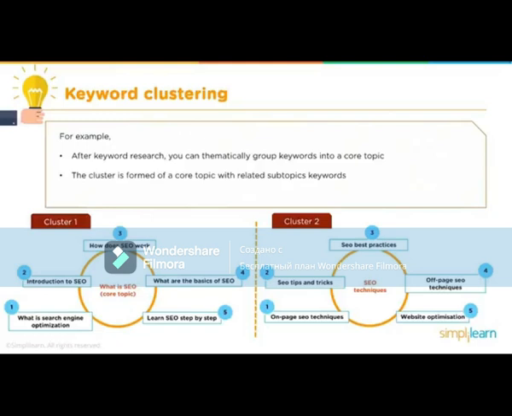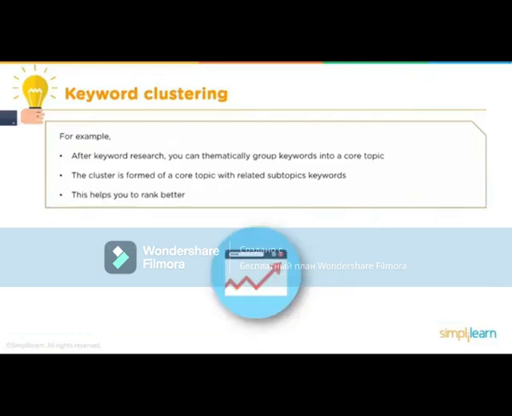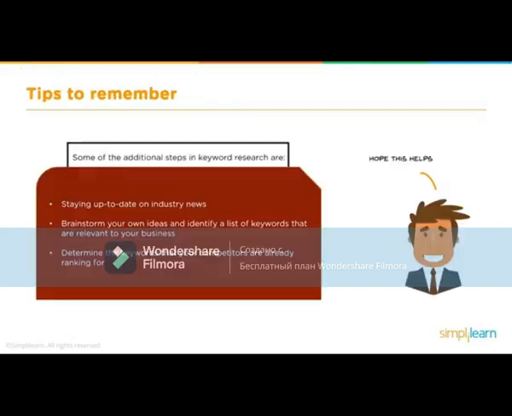Another cluster of keywords, for example, could be SEO techniques, SEO best practices, tips and tricks, website optimization, on-page SEO techniques, etc. So those are clusters of keywords that we can group together in themes. And if we group keywords together in themes, we can apply that to a particular content on our website. So the whole idea behind clustering keywords is it's going to provide more diversity, more of an opportunity for us to be found. So that's the whole idea behind clustering.